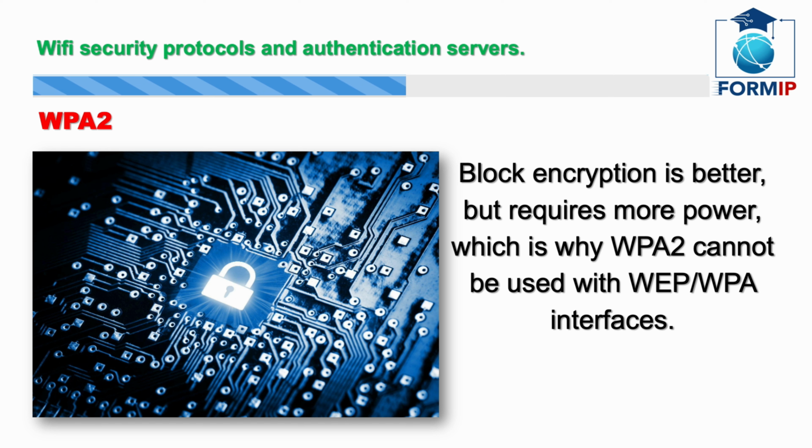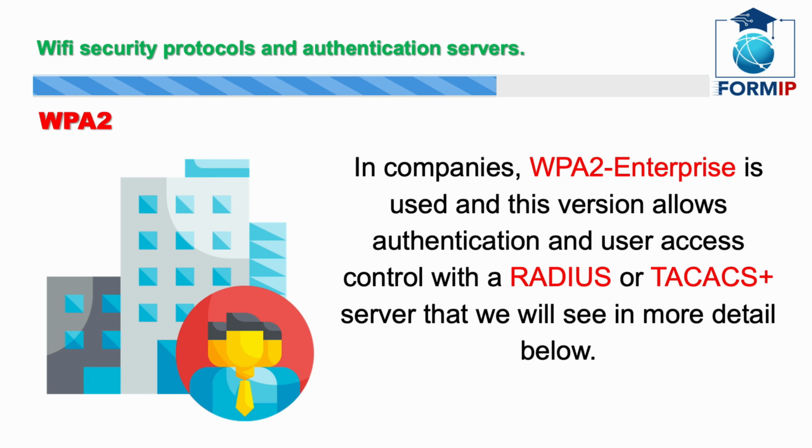A single 256-bit key is shared for all users, and this key is called a pre-shared key, PSK. In companies, we prefer to use WPA2 Enterprise, and this version allows the authentication and access control of users to a Radius or TACACS plus server that we will see in more detail below.